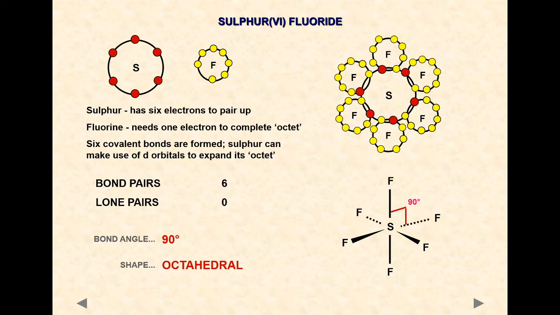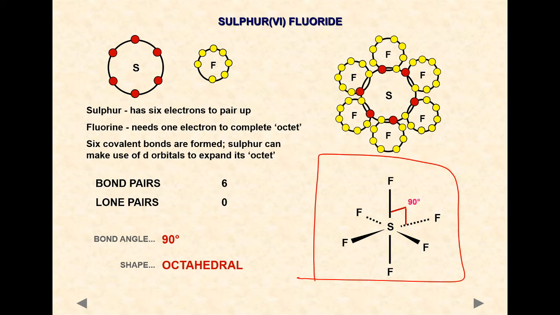This is how an octahedral looks like. So you have a square like this. It's a bit different from a trigonal bipyramid because in where there's a square, there's a trigonal. Then it also forms a pyramid, meaning one bond is going up, another one is going down like that.